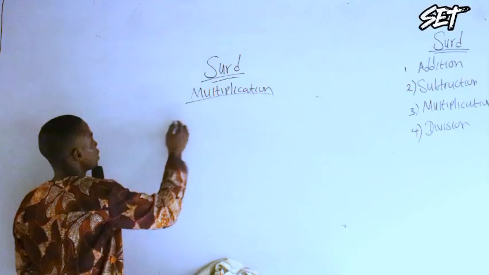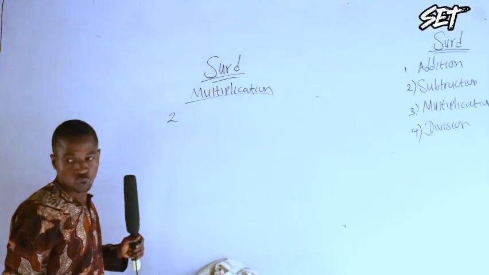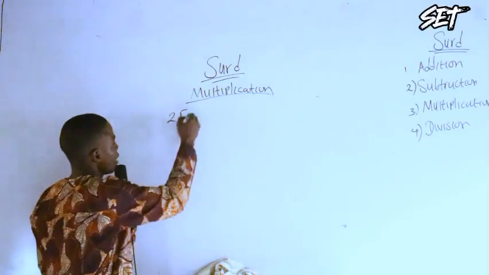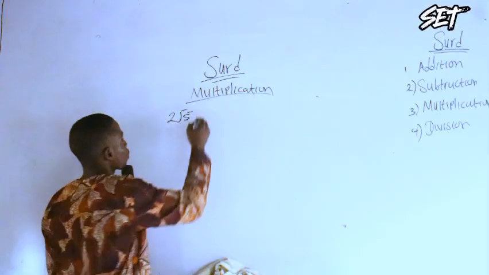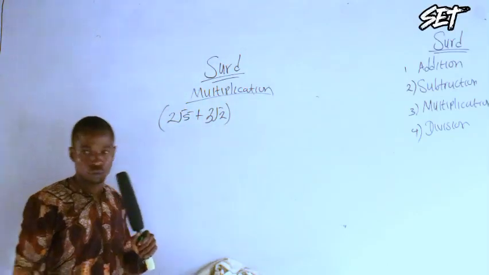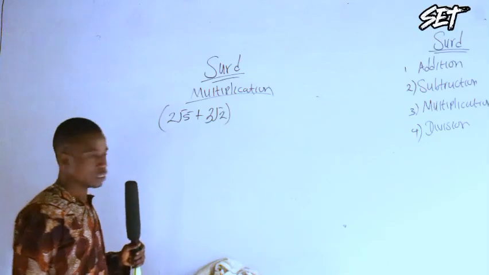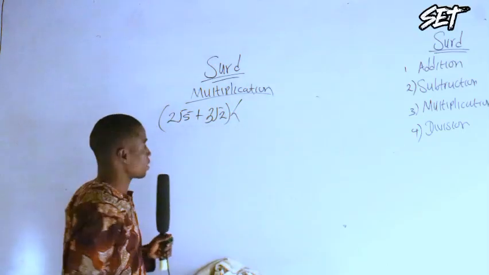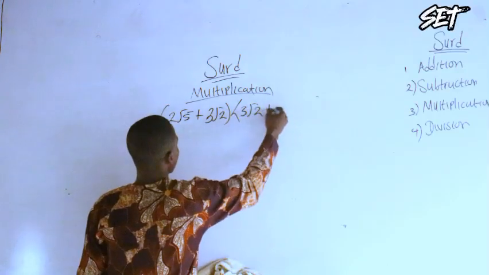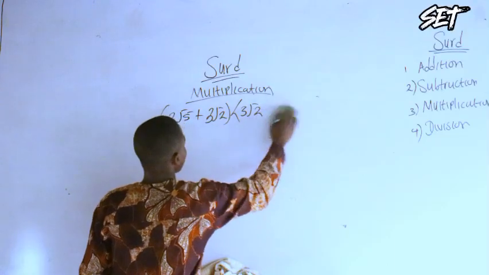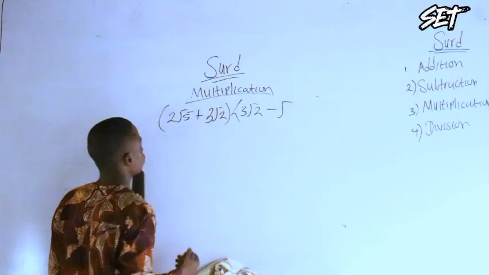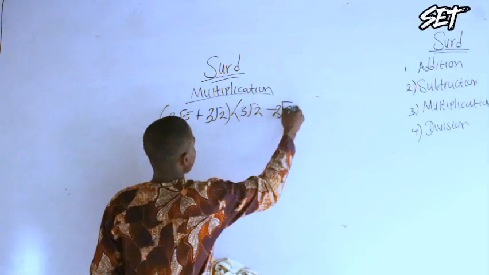Now, we have 2 root 5 plus 3 root 2, and then it is very, very simple as ABC. When we have 3 root 2 plus, let me put minus here. Minus, because we are doing multiplication, let me put minus and 2 root 3, like this one.